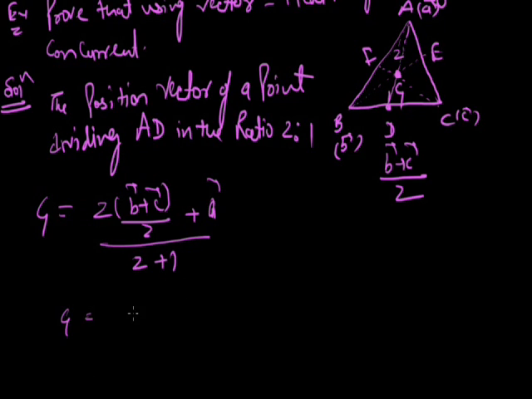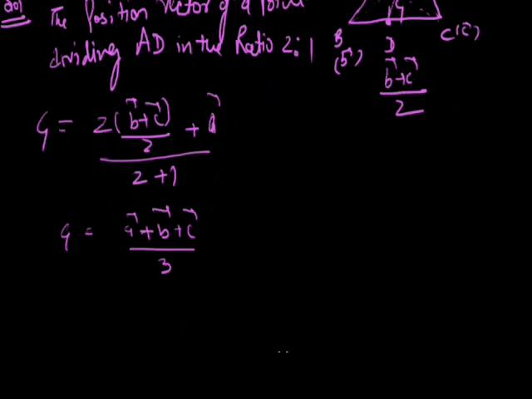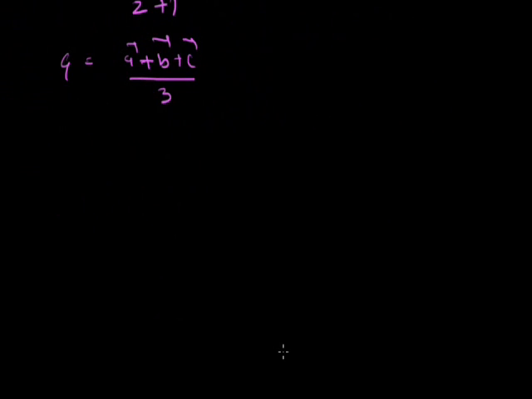So G is A vector plus B vector plus C vector divided by 3. Similarly for the other two medians, so they are concurrent.